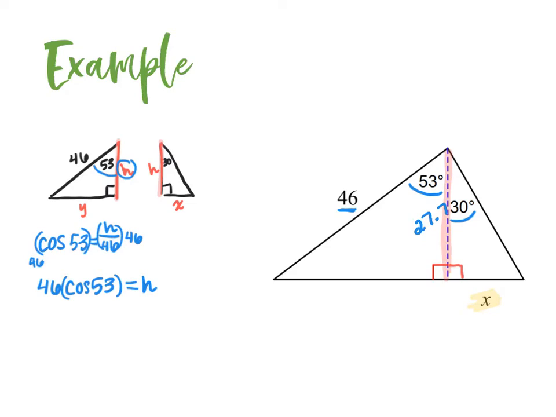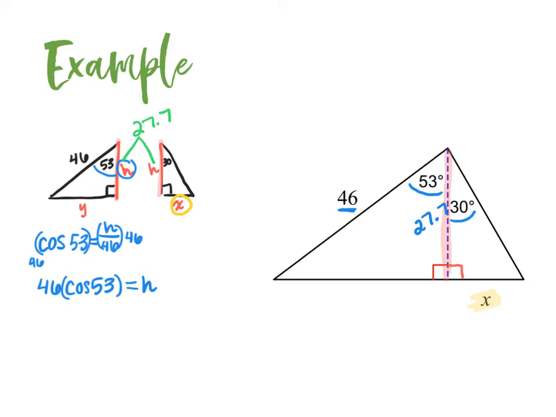So on both of these triangles, here and here, it's 27.7. And remember, my goal is to find x. Now I have enough information on that smaller triangle to do that.